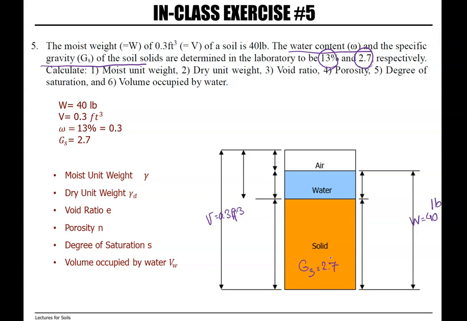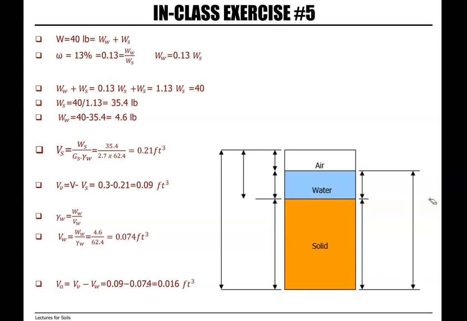The question is asking us to calculate moist unit weight, gamma, dry unit weight, gamma D, void ratio, porosity, degree of saturation, and the volume of water. It's very similar to the example we went over earlier.